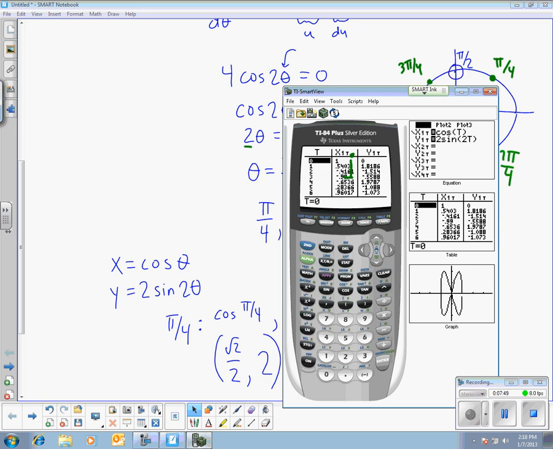And if we look at our table, let's see if I can input t's. Let's try it. If I input the t square root of 2 divided by 2, it kind of worked. It rounded a little too much. So forget that.